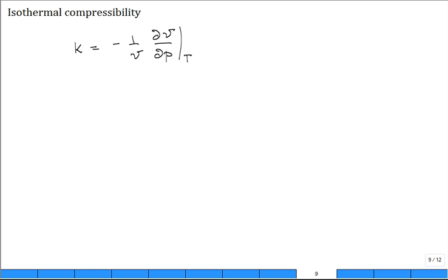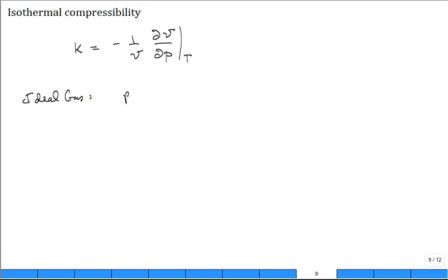So that's another property, isothermal compressibility. All right. What is the isothermal compressibility for an ideal gas?